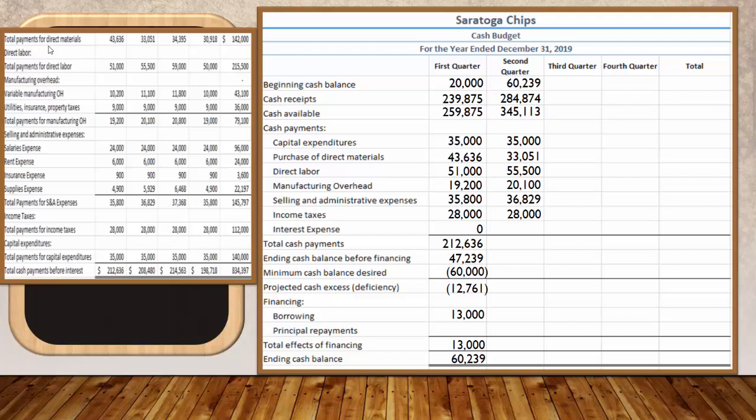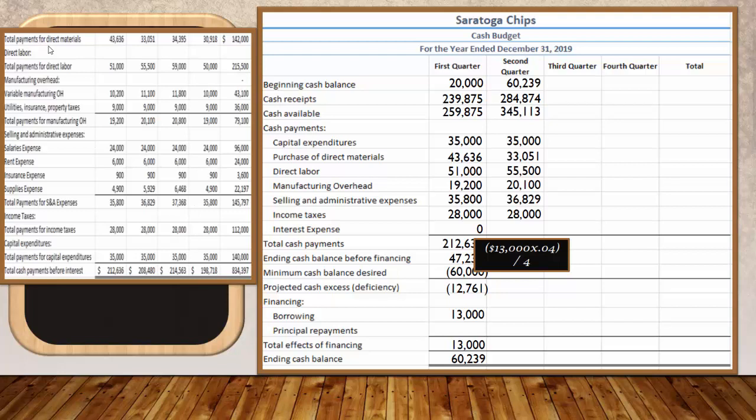For interest expense, we do have a loan now. We borrowed $13,000 at the end of the previous period. So to figure out how much money that we owe on this loan, we're going to have to take the amount that we borrowed and multiply it by our annual percentage rate. We have a 4% loan. So if we take $13,000 and multiply it by 0.04, we get the amount of interest that would be accrued on that loan.